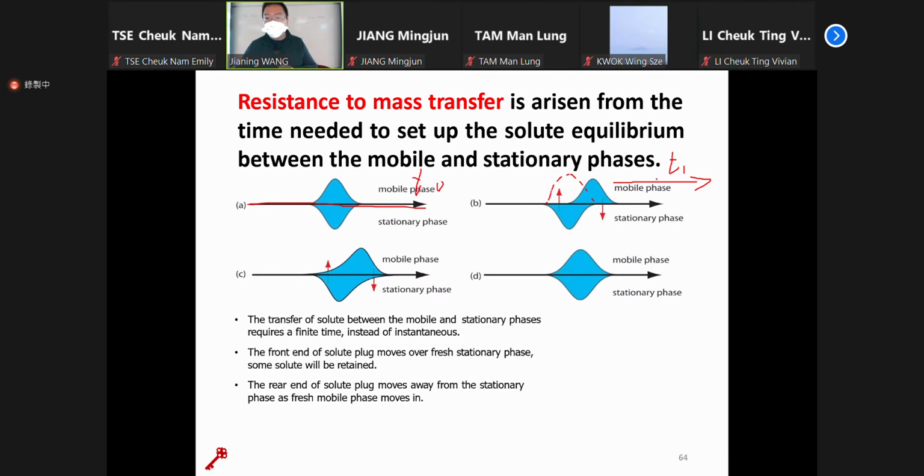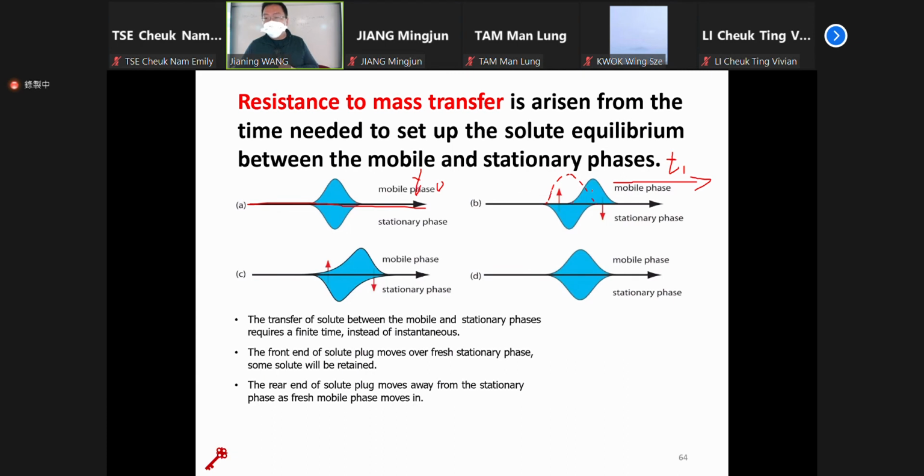So when we get to time 1, the molecules in the mobile phase move to this position. There is non-equilibrium, because in equilibrium, the molecules in the stationary phase should redistribute instantaneously and should have arrived at this position.